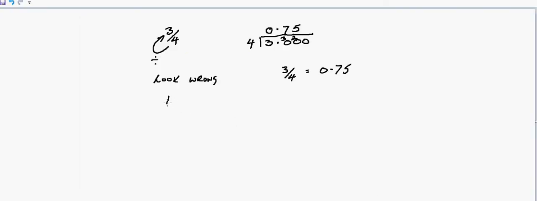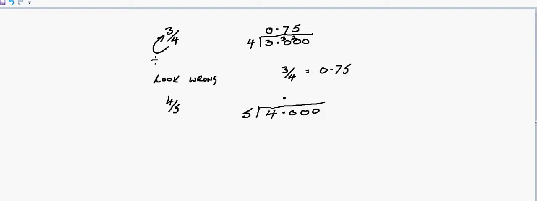If we take 4/5, we're going to divide the bottom into the top, and it looks wrong. So 5 into 4. That looks very wrong. So we put a decimal point down and some zeros, and a decimal point above it.